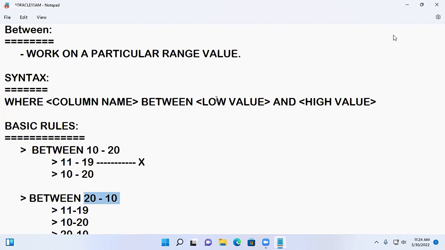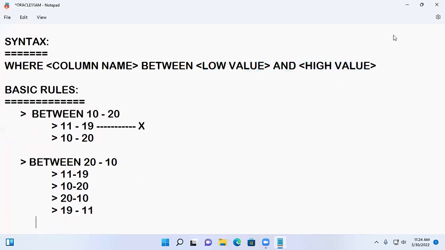It is always low to high, because a range is always expected from the low value to the high value, and nobody can expect high to low. Yes or no? That's why the BETWEEN operator is always applied from the low value to the high value, but from the high value to the low value it doesn't work. So the result is no result.